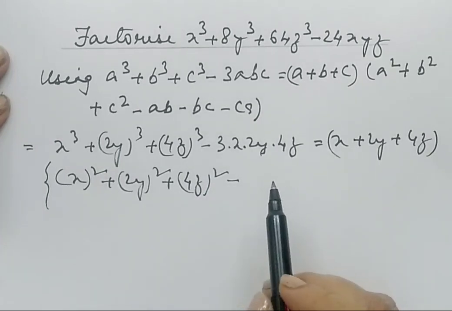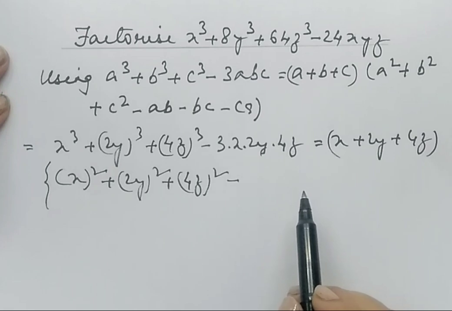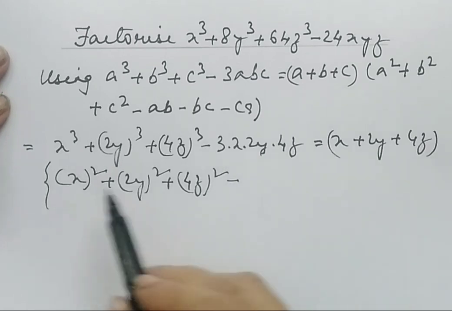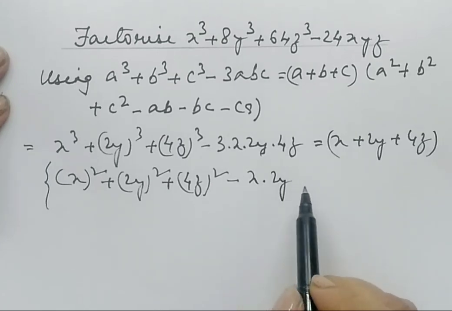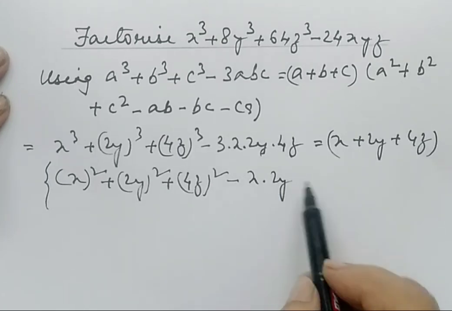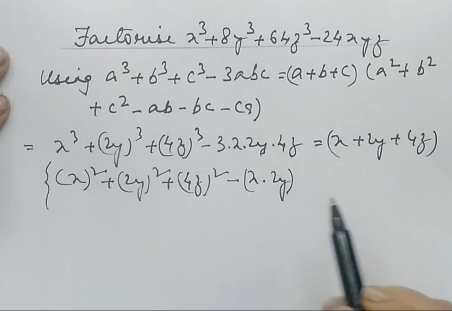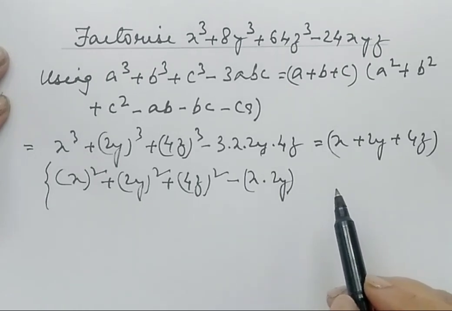And then I have AB, okay. So A is my x dot, B is my 2y, okay. So then we can put this also into bracket, okay.